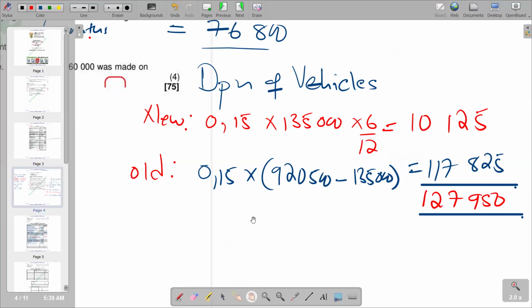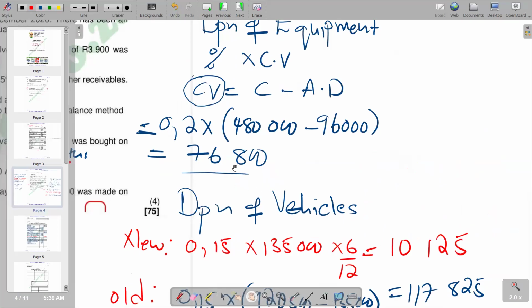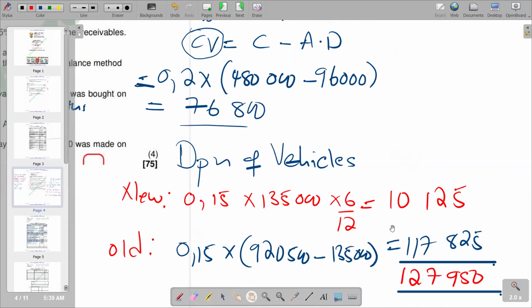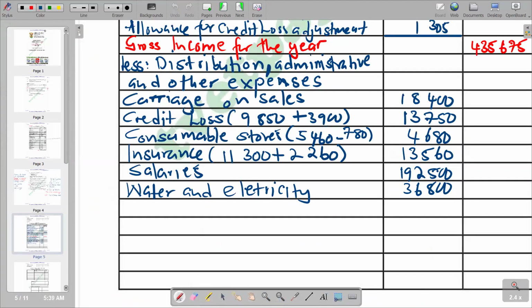So to get total depreciation now, we are saying 76,800 for equipment plus 127,950 for vehicles. So we come here, narrate our depreciation, and whereby you say 76,800 plus 127,950.